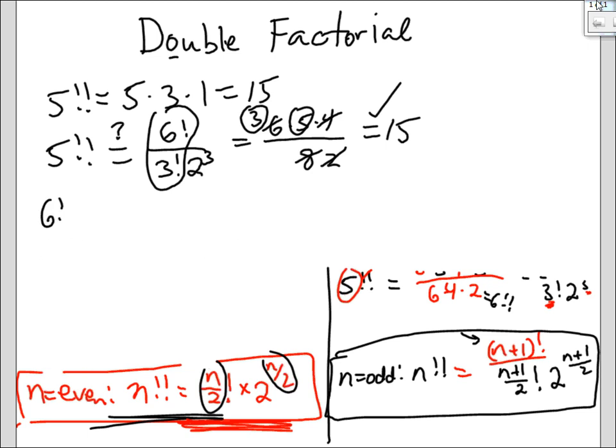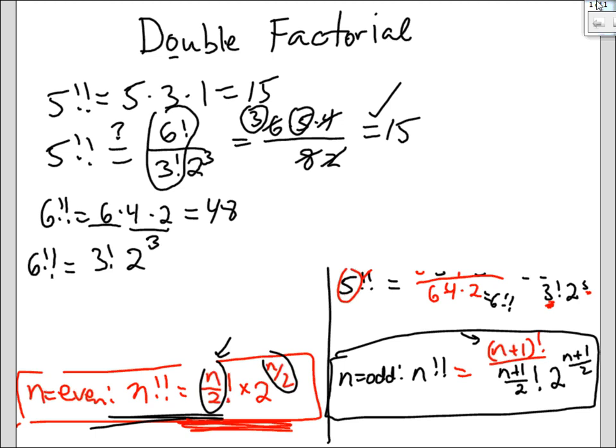Let us try with an even number. Suppose we have 6 double factorial. This is 6 times 4 times 2. That's 8. 6 times 8 is 48. So the question is, is our formula going to work? It says take half of n, which is 3, take its factorial, and then multiply it by 2 to that same number you took the factorial of.